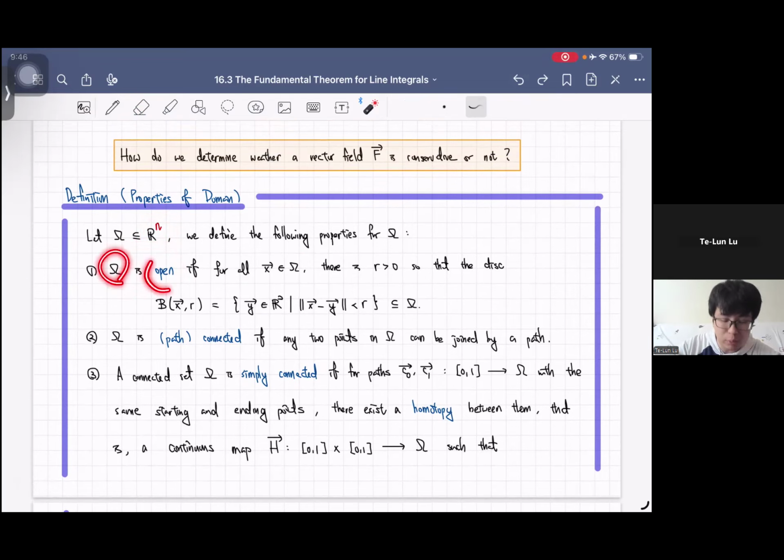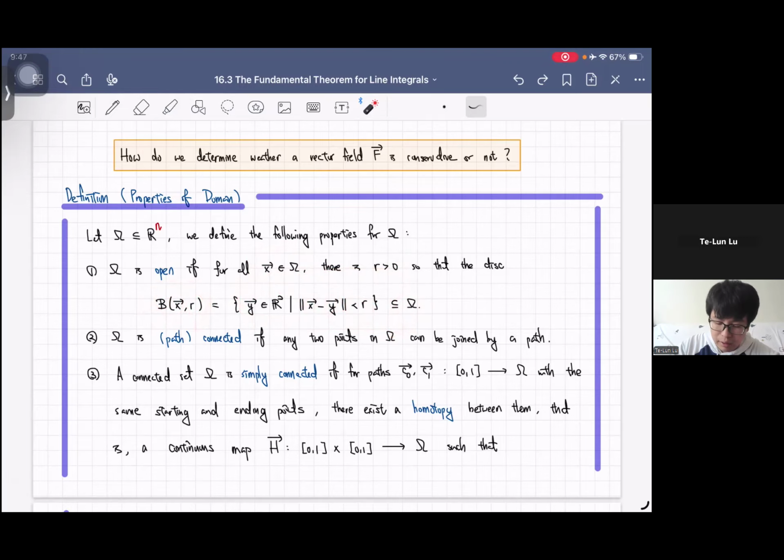The set is said to be open if for every x belonging to omega, so for every point, there is some small radius r so that the ball centered at x with radius r, which is simply defined as the collection of every y so that the distance between y and x is less than r, belongs to omega.